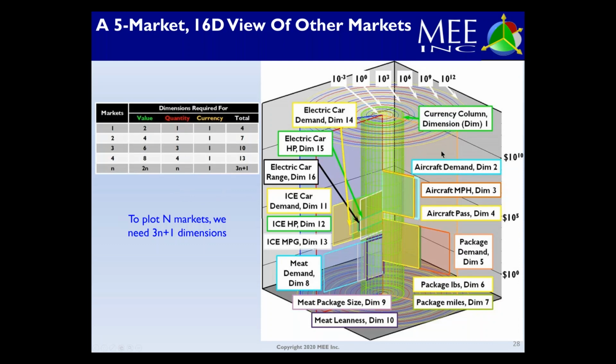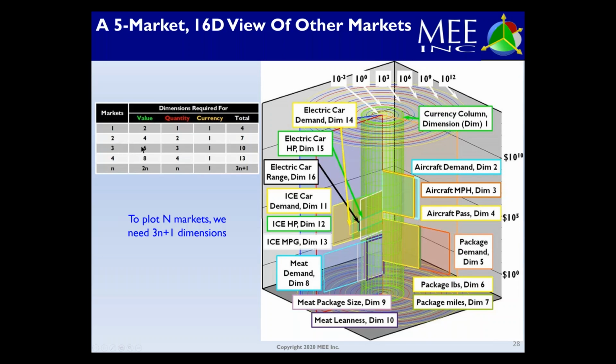And what's important from looking at this particular view is that we note that when we had one market, we had two value variables and one quantity variable and one currency variable for a total of 4. When we add the second one, we added 2 more value variables and a quantity variable, but very importantly, we kept the currency dimension.